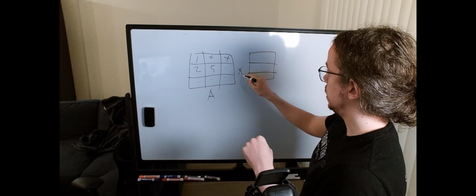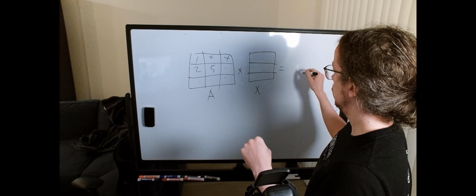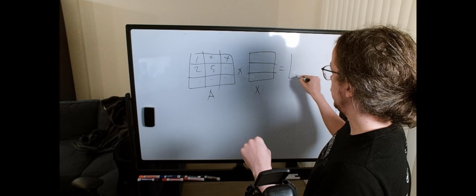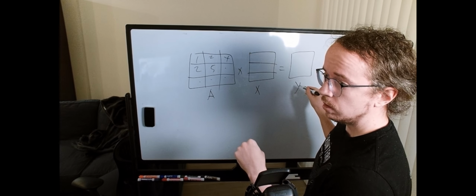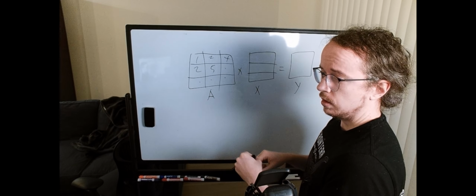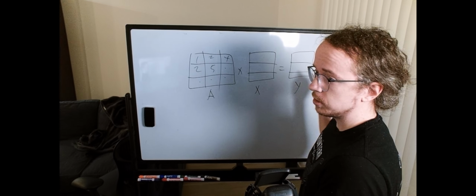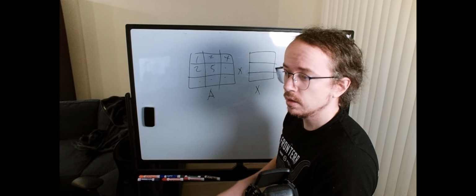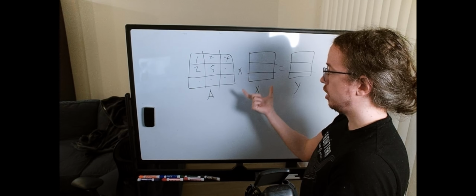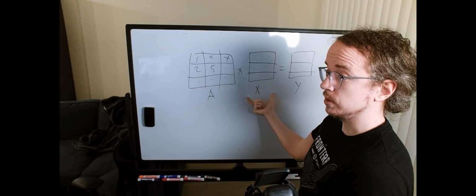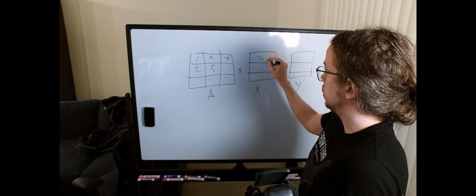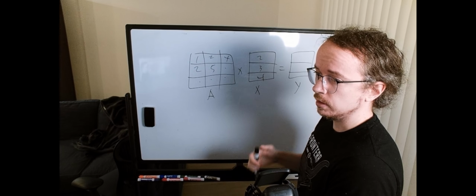And we're going to multiply these two things together and get an output vector Y. So matrix vector multiplication works this way. You get an output vector that is the same size as X. And so X is full of values too, and we're trying to fill in Y.